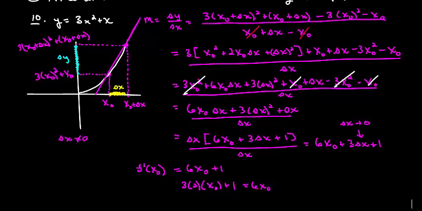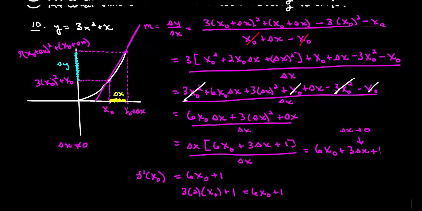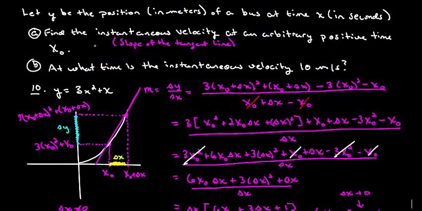Well, there we go. Now, of course, this is much quicker, right, than doing all this. But this is really what's going on in the background, okay? So we've got this 6x0 plus 1, which is our answer for A.